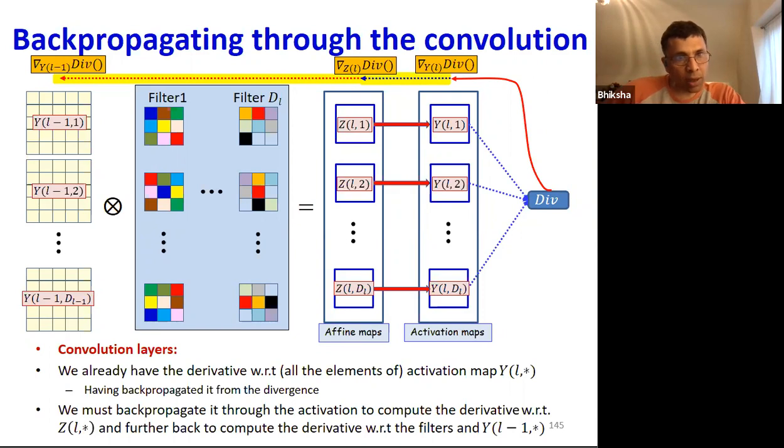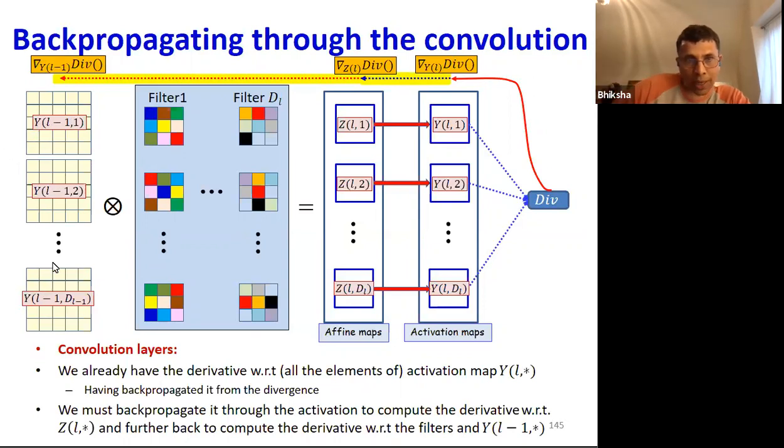So each filter operates on the activation maps of the L-1th layer to produce one affine map of the Lth layer. And the way it works, every plane of the filter convolves the corresponding activation map of the previous layer. So each of these planes is going to convolve one of these. Eventually, these convolutions are going to give you as many results as you have activation maps in the previous layer.